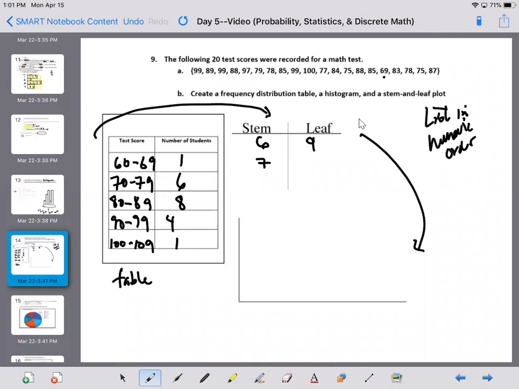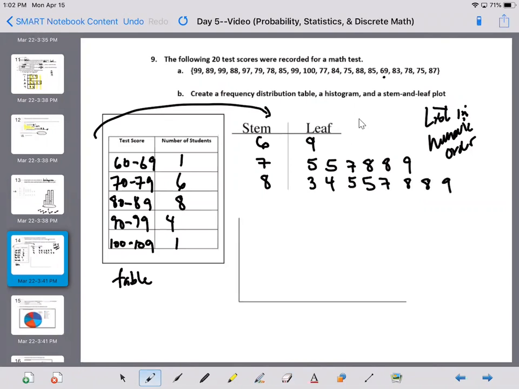So 75, 75, 77, 78, 78, 79. In the 80s, 83, 84, 85, 85, 87, 88, 88, 89.